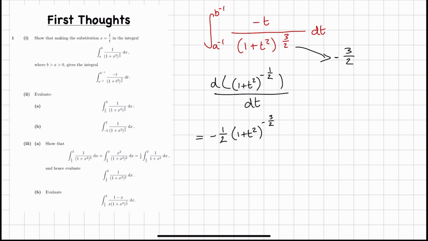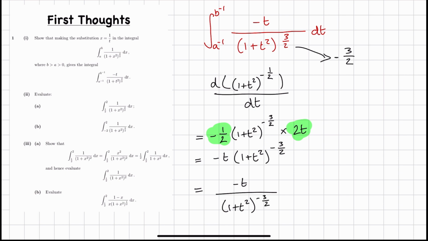And because we have a function of t inside the brackets, we have to use the chain rule and multiply that by 2t, which, if we simplify, we multiply those two things together, that gives us negative t, 1 plus t squared to the negative 3 over 2, which happens to be what we have in our integral at the top.